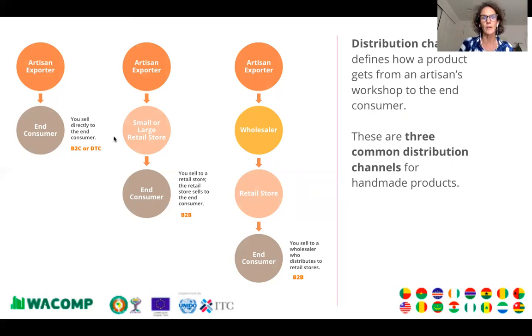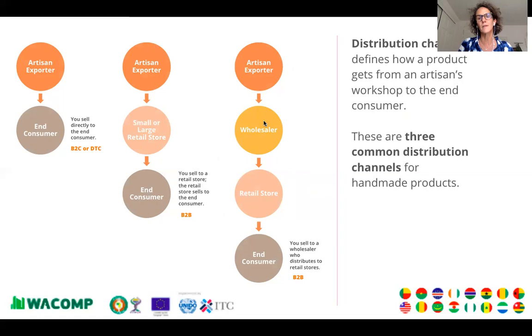In the middle channel, you, as the artisan exporter fashion brand, sell to a small or large retail store, and that retail store sells on to the end consumer. In the channel to the far right, you, as the artisan exporter fashion brand, sell to a wholesaler distributor.